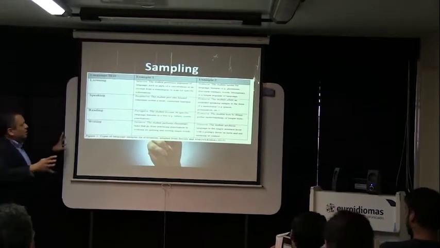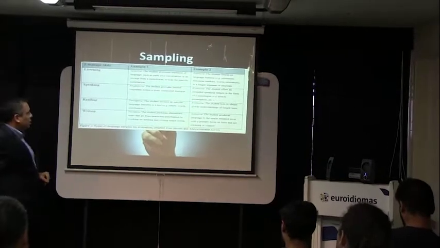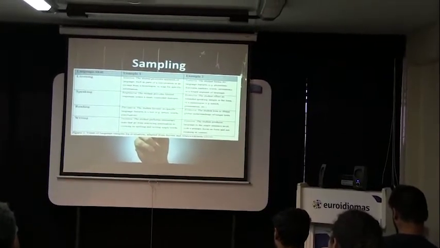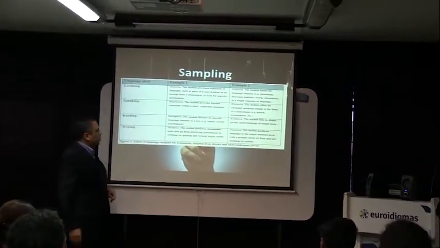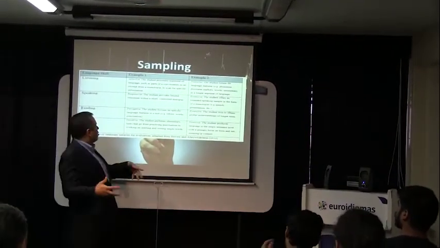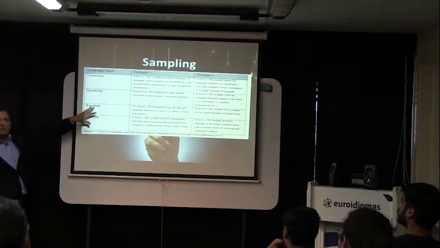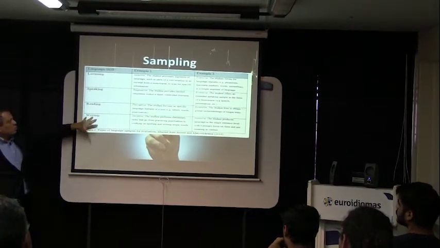So listen, let me summarize all this. This is from a book written by a wonderful guy, H. Douglas Brown, H.D. Brown. He's retired now. Basically, he's saying there are different types of listening, speaking, reading, and writing samples.